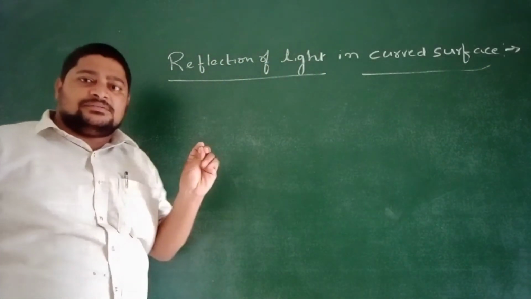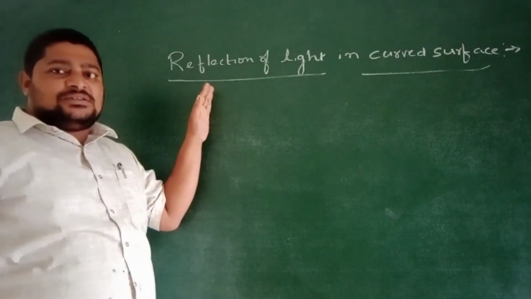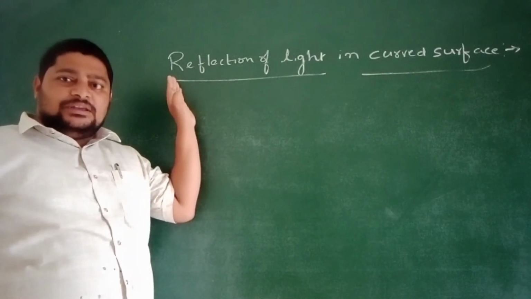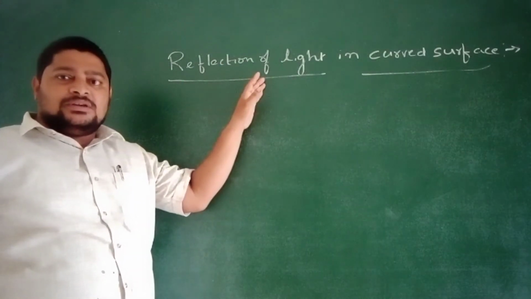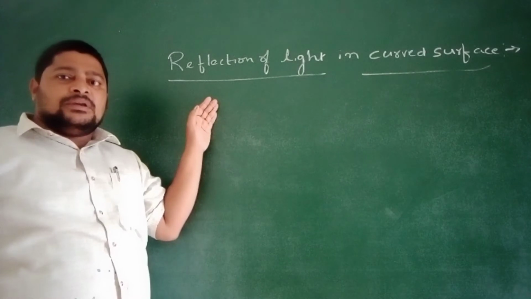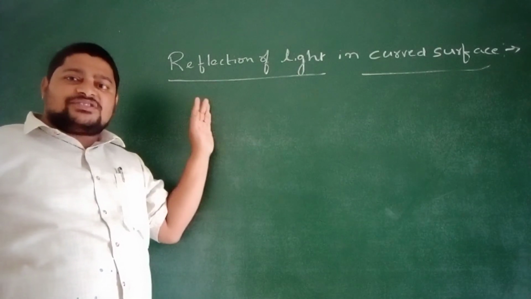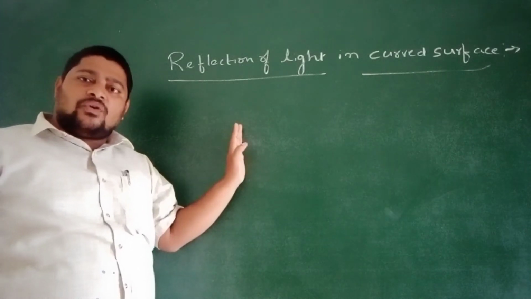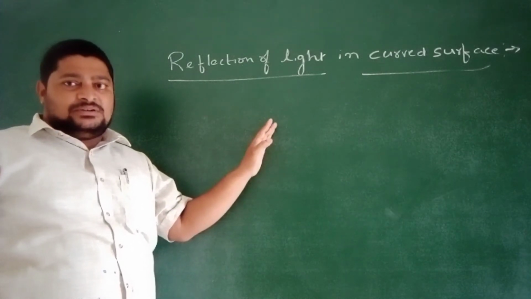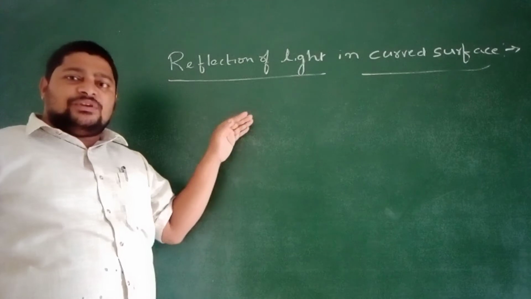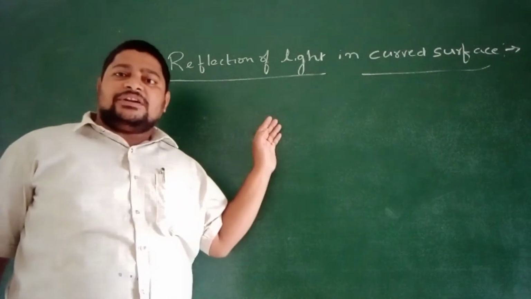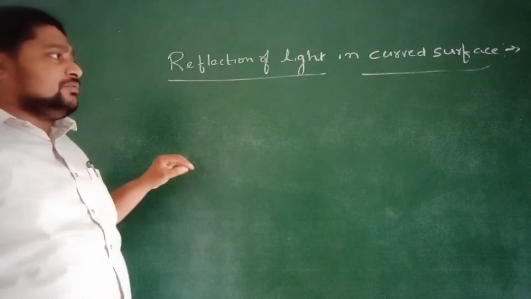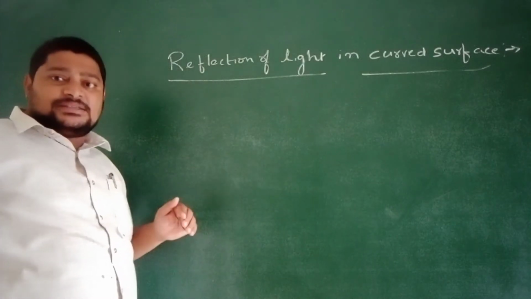Now, second case completed. First case, if the object is at infinity, the image is formed at focus. Second case, if the object is beyond the center of curvature, the image is formed between focus and center of curvature, and the nature of the image is real, inverted, diminished. Now, today we discuss the third case.